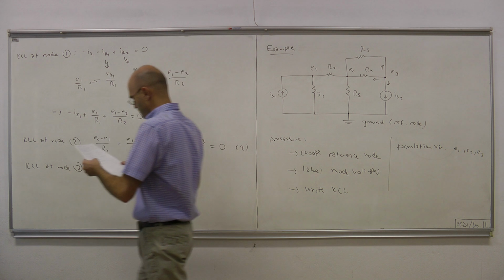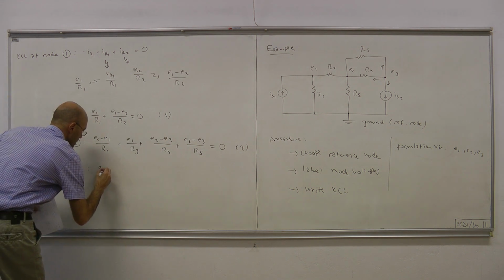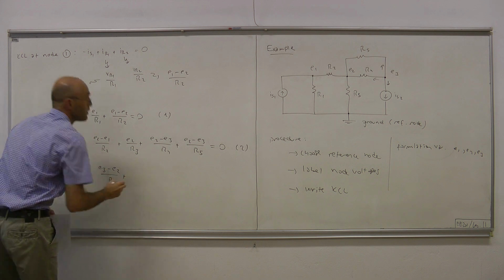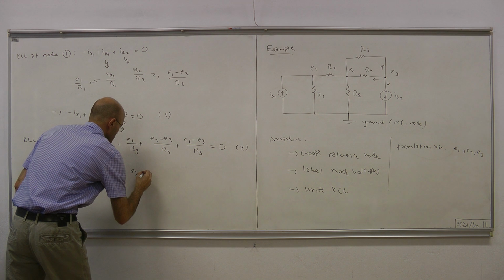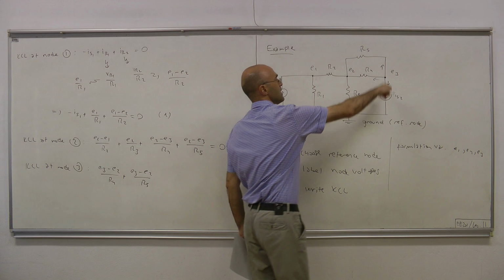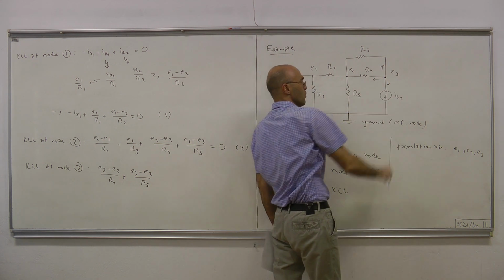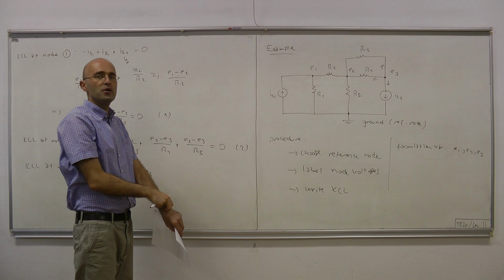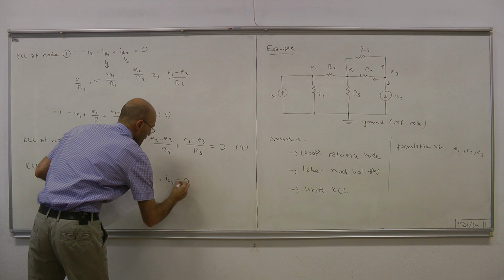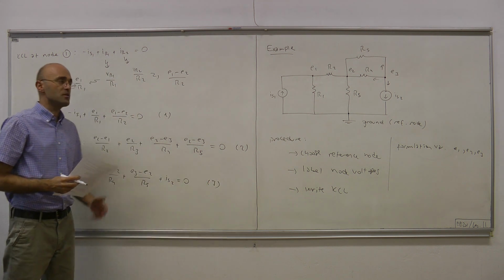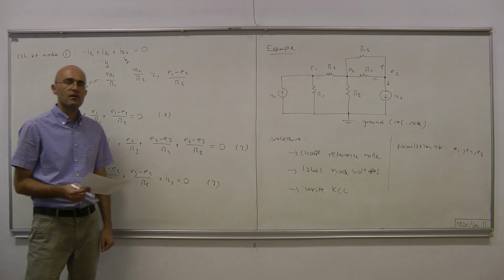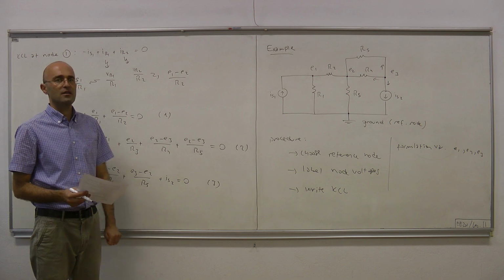This current is E3 minus E2 over R4, plus E3 minus E2 over R5, which is this current, and finally this current, which directly equals the current provided by the independent current source, which is IS2, which is known, plus IS2, and that equals 0. That's our third and last equation. We have 3 unknowns, and here we have 3 equations. Therefore, the formulation is over.